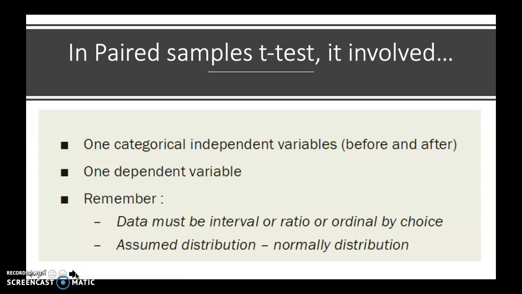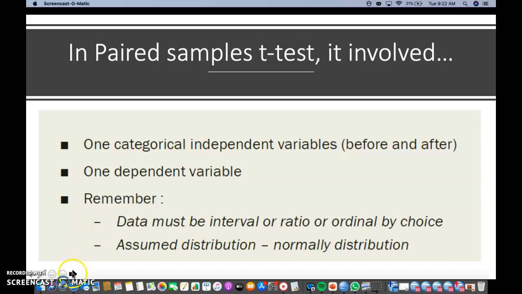In the paired sample t-test, there is one categorical independent variable, usually measured before and after, and one dependent variable. You must remember that the data must be interval or ratio, or ordinal by choice, and assume a normal distribution of the data.